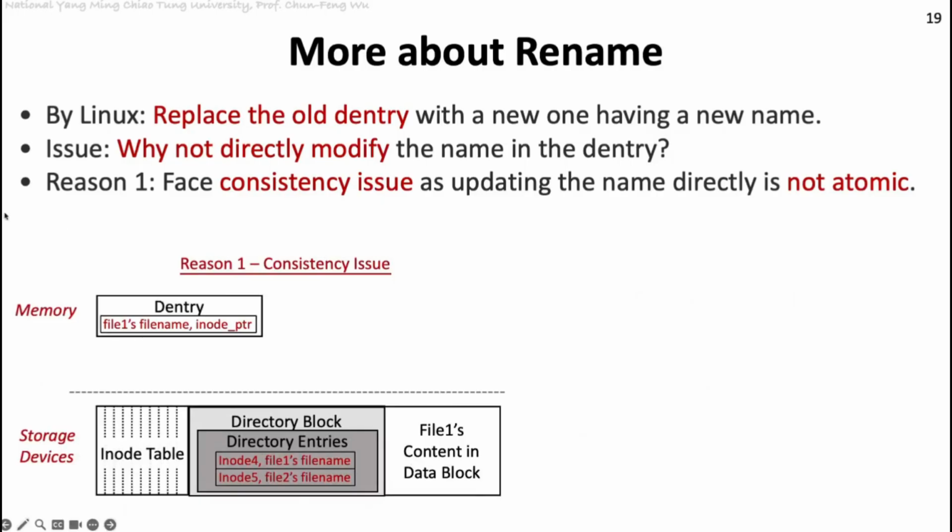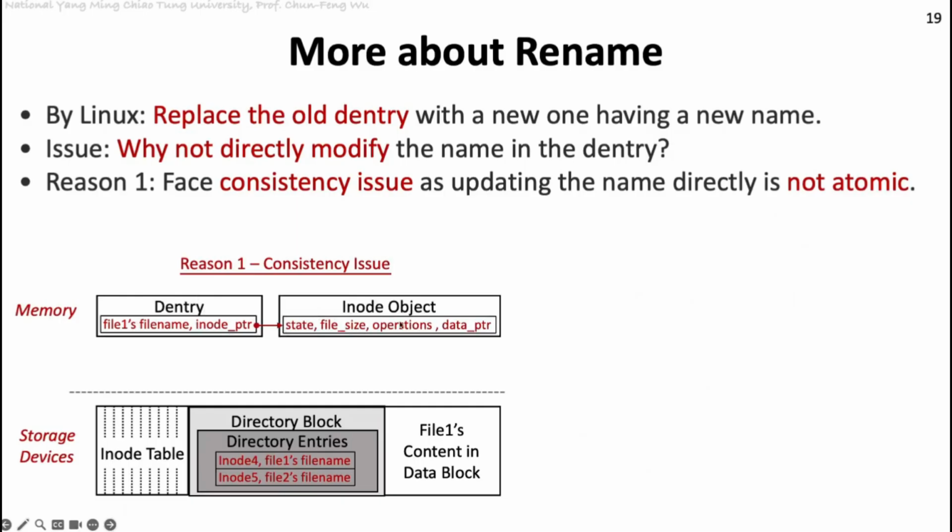Inside the memory, you can see there is a d entry, which maintains the information for file one. Inside the d entry, there is a file name and an inode pointer. This pointer points to the corresponding inode, so the inode object for file one can be reached using the inode pointer in the entry.